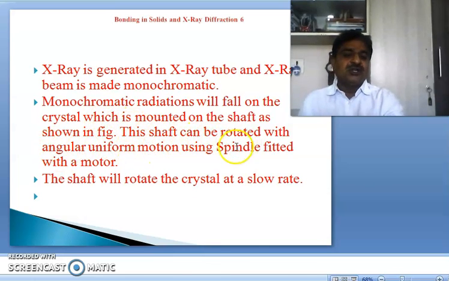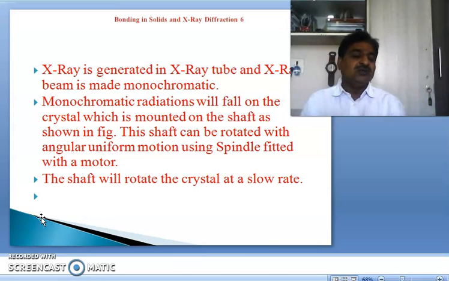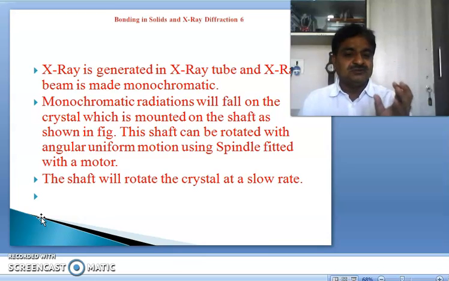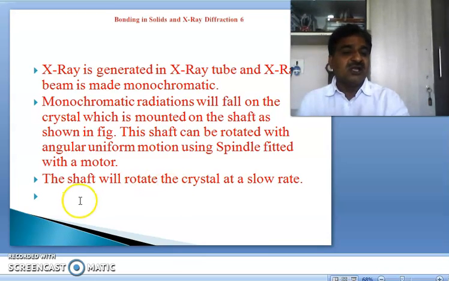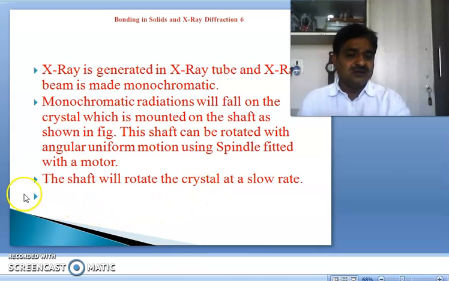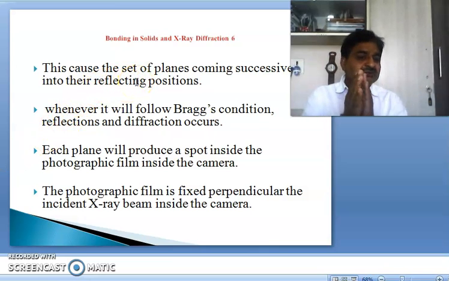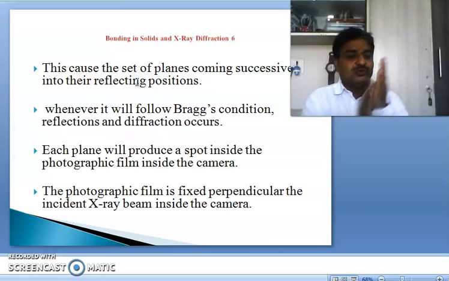This shaft will be rotated with uniform angular motion using a spindle fitted with a motor. So in uniform angular motion, what is the purpose? The shaft will rotate the crystal at a slow rate, and because of this constant and slow rate, it will cause sets of planes to come one by one successively into their reflecting positions.